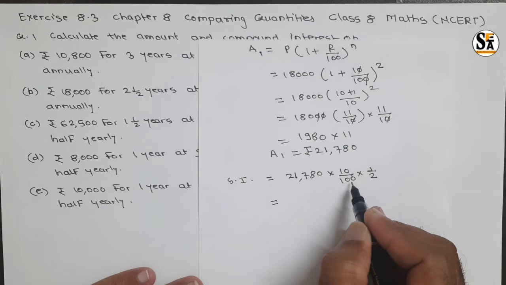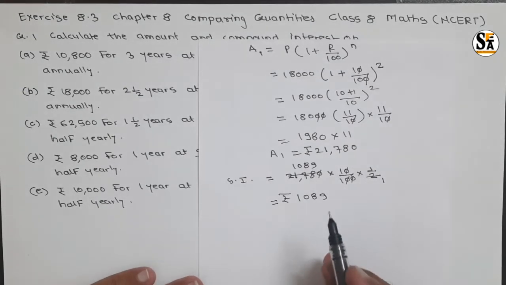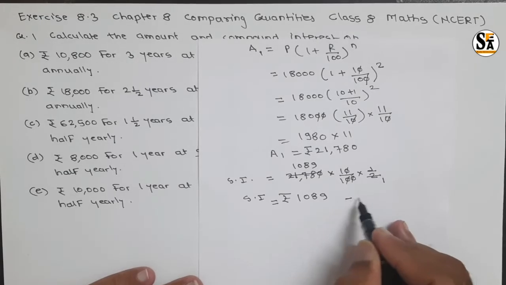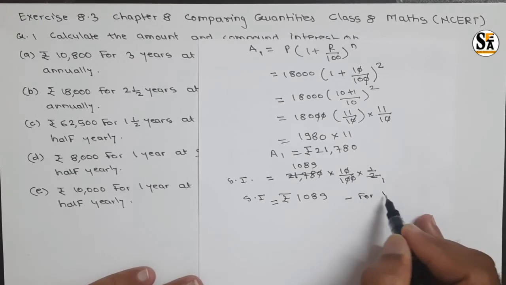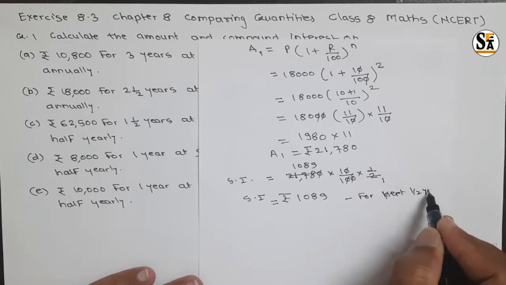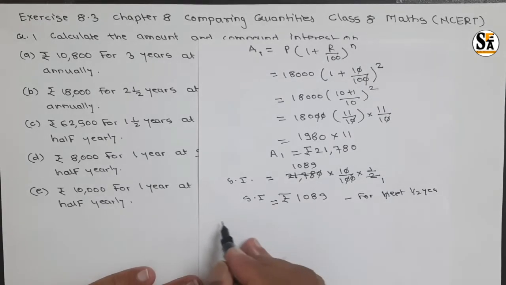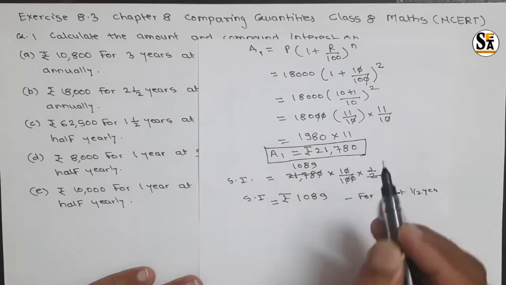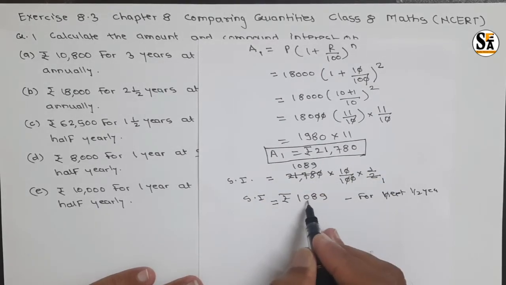If we solve this, this is the simple interest for the next half year. So if we add this, this is the first one, and add this interest.